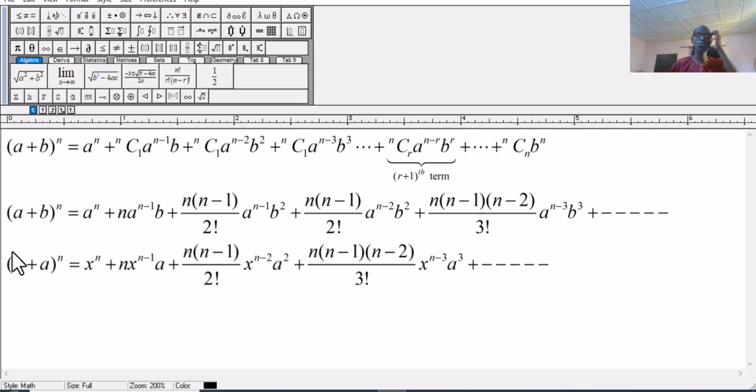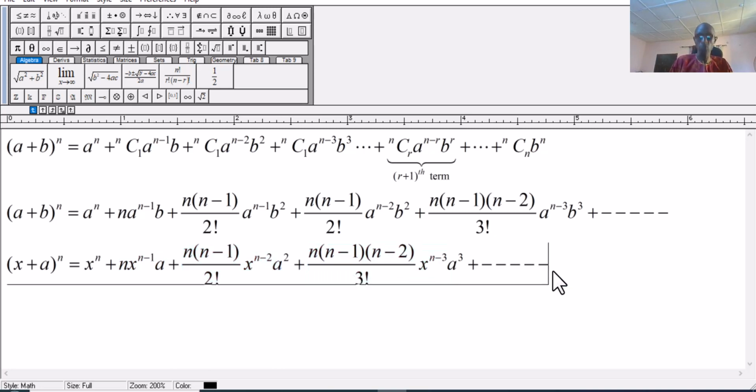So this is the expansion of (a + x) raised to the power of n, expanding for the first 4 terms. This is our first term, this is the second term, the third, and this is the fourth.